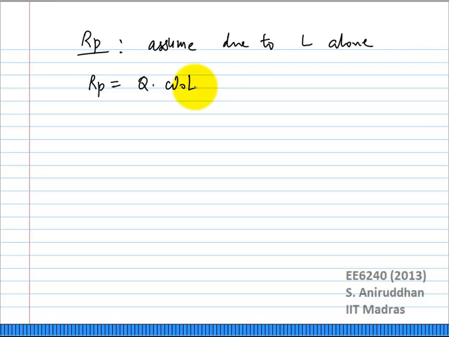So primarily, this is limited by the value of the inductance. So again, to a first order, we will assume that the achievable Q is constant, and therefore RP is proportional to L.